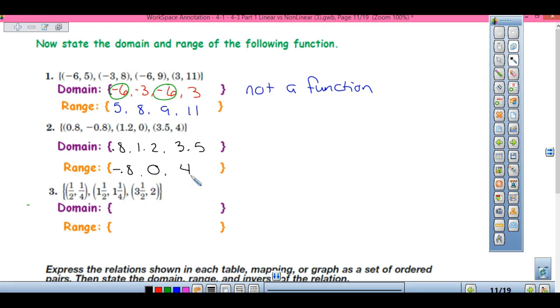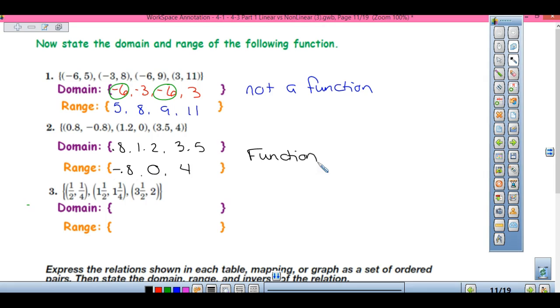No. So is it a function? Yes, this one's a function. It can still be graphed, but it's not going to make a line. We'll talk about the graphs of those here in a little bit, probably next hour, and being able to tell if a graph is a function or not.